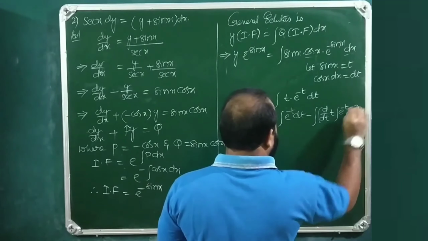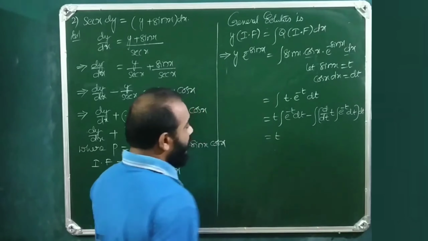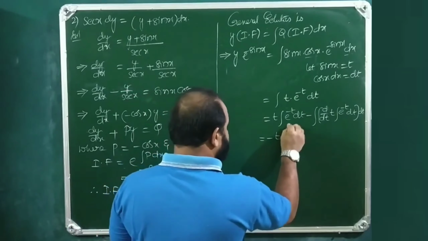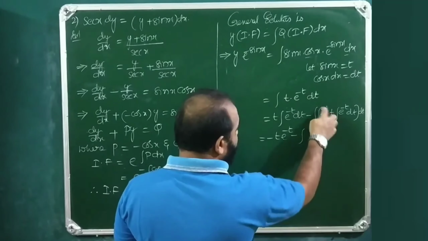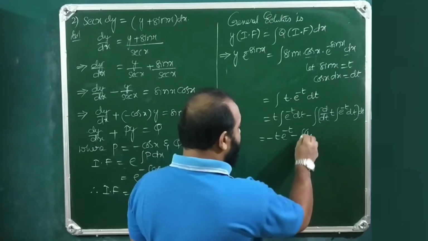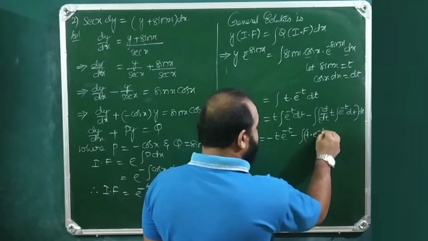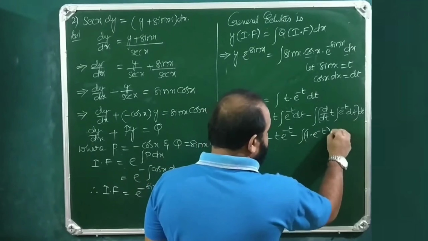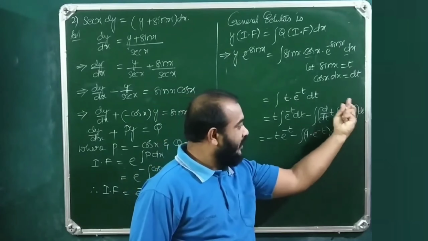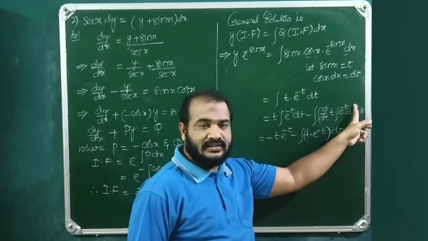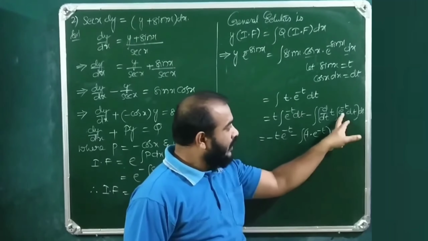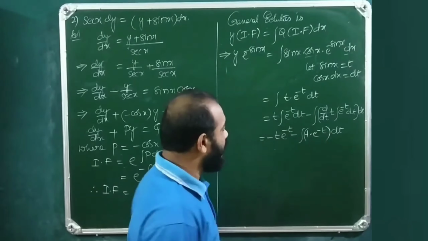So t into the integral of e power minus t dt, which is minus e power minus t, minus the integral of the derivative of t, which is 1, into minus e power minus t dt. The integral of e power t dt is e power t itself, and here the derivative of minus t is minus 1.